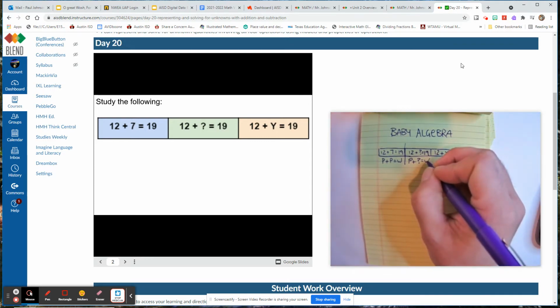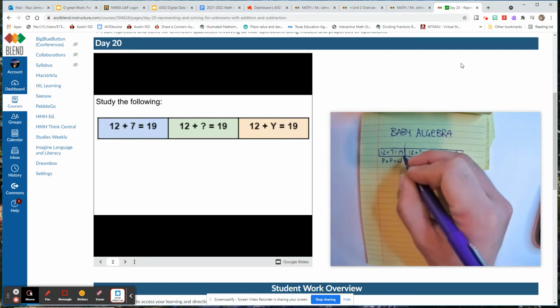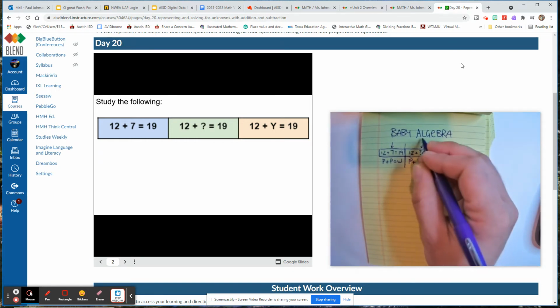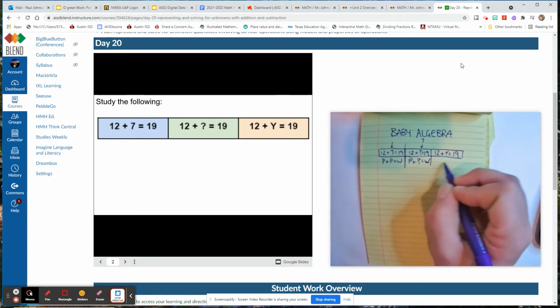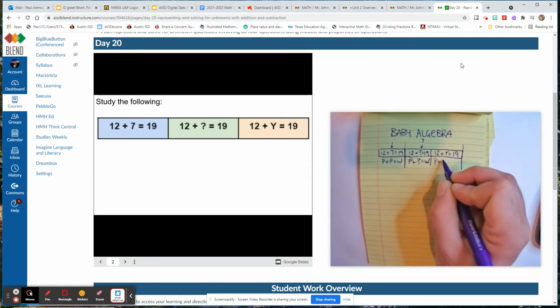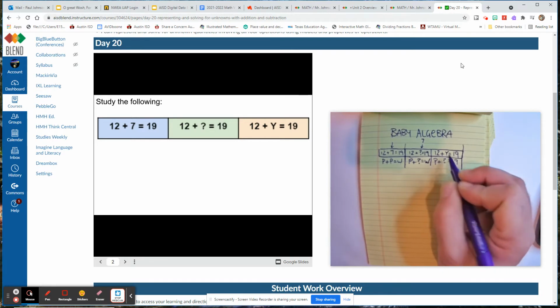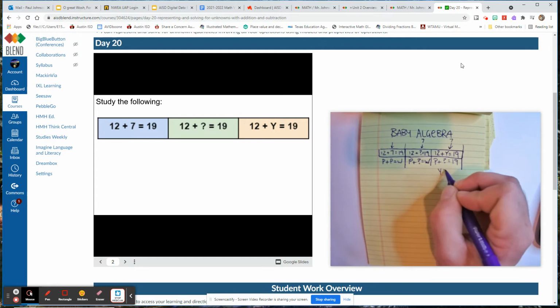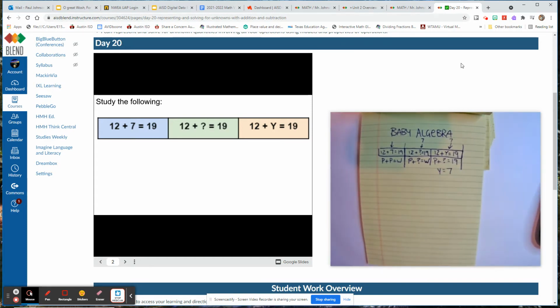What plus 12 equals 19? Since it's the same as the previous problem, our question mark would be 7. Same thing over here. We have one of our parts, and we don't know one of our parts, and then we have the whole. So once again, we have to determine what y is, and y is equal to 7.